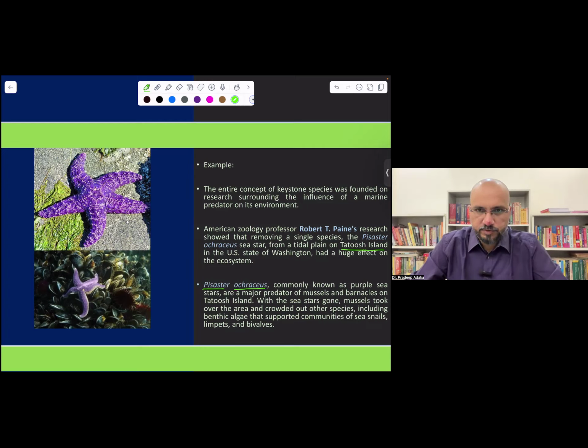If you imagine the map of the USA, on the eastern side you have the Atlantic Ocean, and on the western side you have the Pacific Ocean. What are the different states that you see on the western side? California at the bottom. If you go above California, you have Oregon. Above Oregon you have Washington.